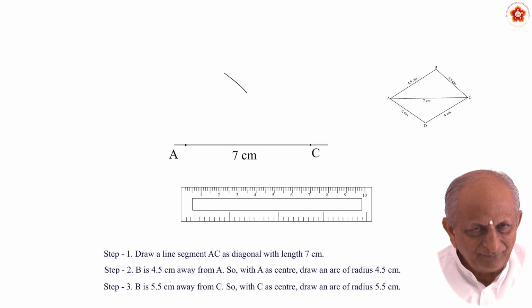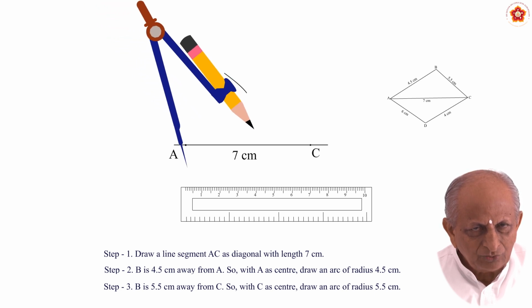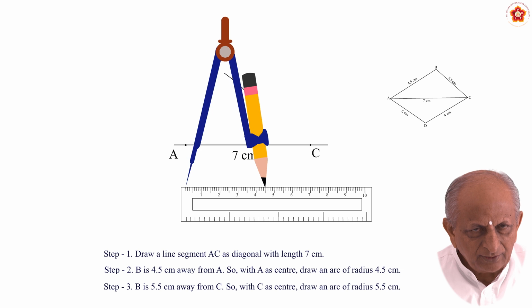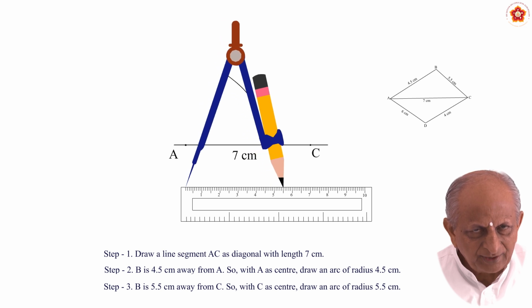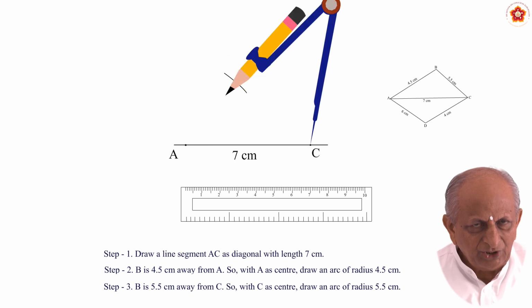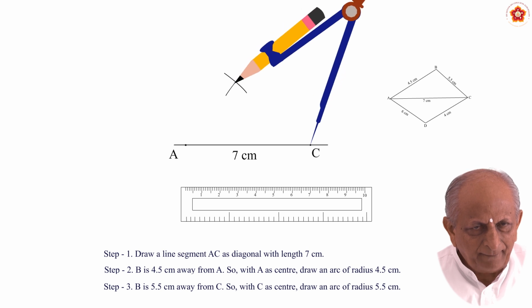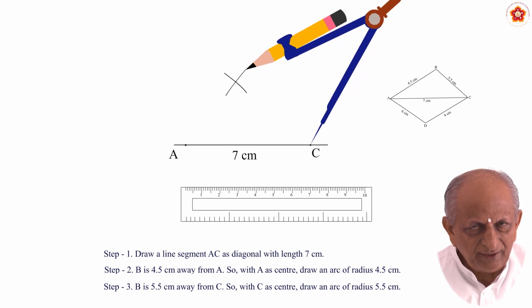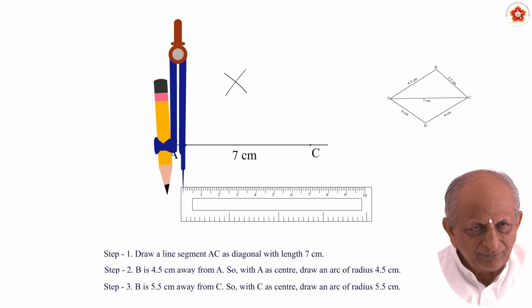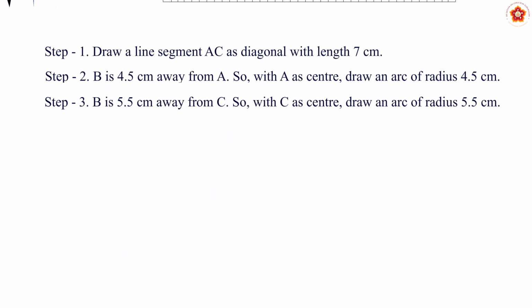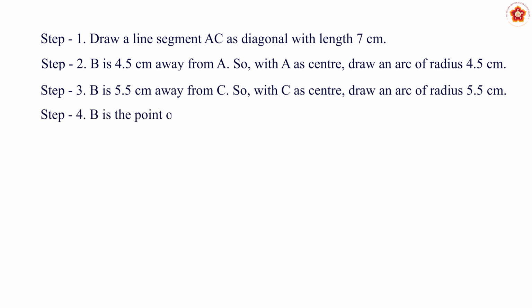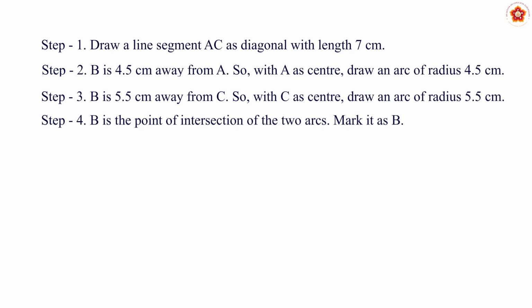Is it okay? So, take compass, keep it on the scale, stretch it 5.5. Come on, these two arcs meet at a point called B. Correct? Now the fourth step. So B is called the point of intersection of the two arcs. May mark it as B.